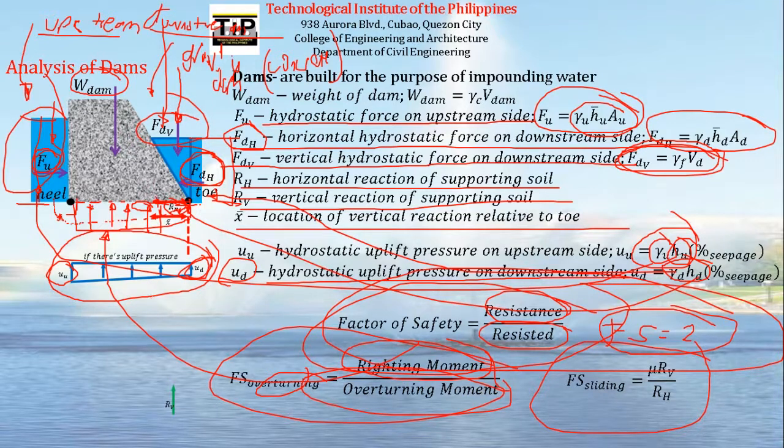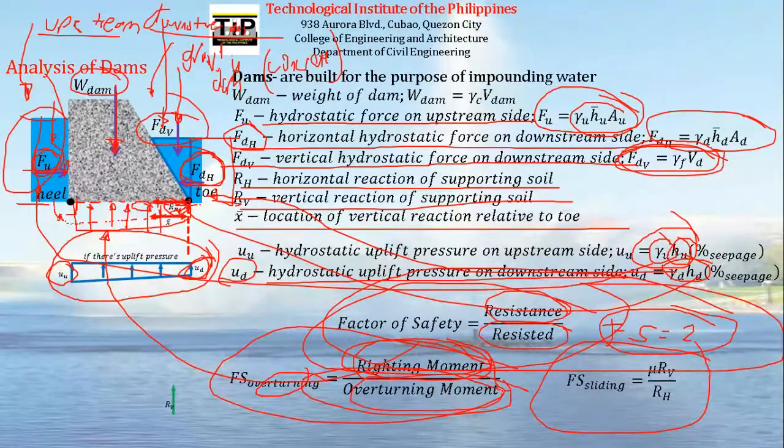Meaning the forces exerted by the water should not be more than the forces exerted by the weight of the dam. Because again, gravity dams rest on the weight of the concrete. That's the righting moment.